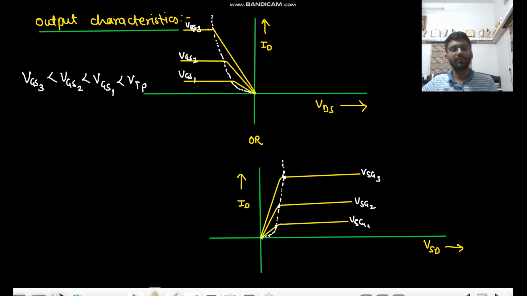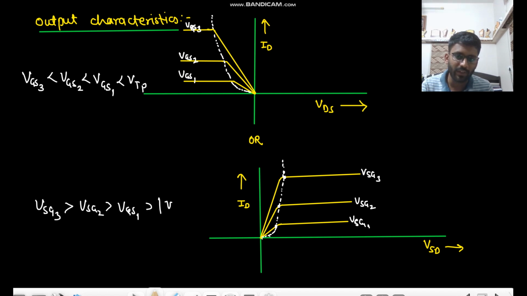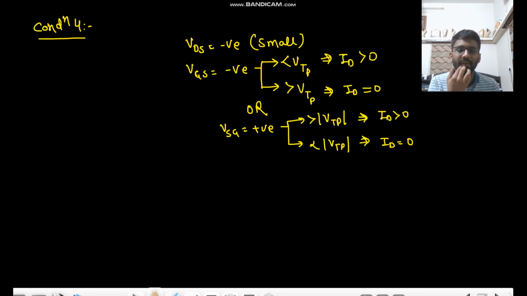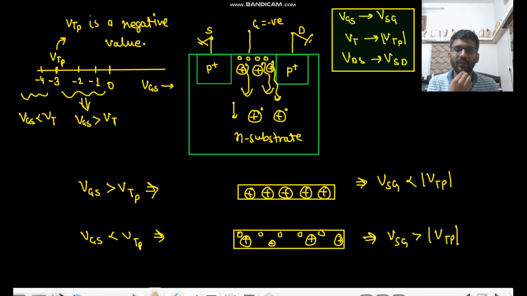VGS3 is more negative. If VGS3 is more negative, then it will generate higher current, because at the gate you need a more negative value. Similarly, VSG3 is greater than VSG2, greater than VSG1, greater than mod of VTP. Since VTP is a negative value, here mod of VTP is 3 volt.